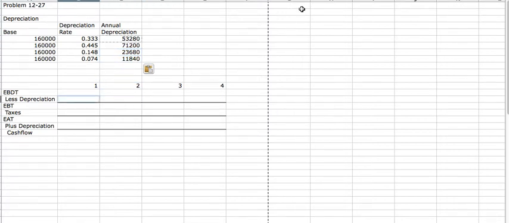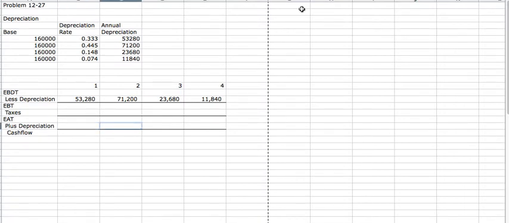And for each of these years, we can move that number down into our next calculation here, annual depreciation for each year. And we'll use that down here as well, but we'll talk about that in a minute.